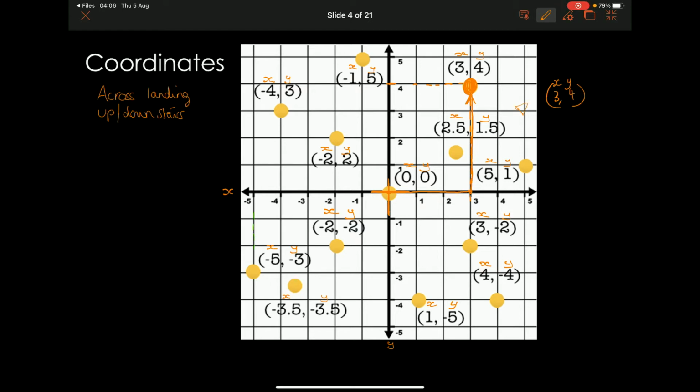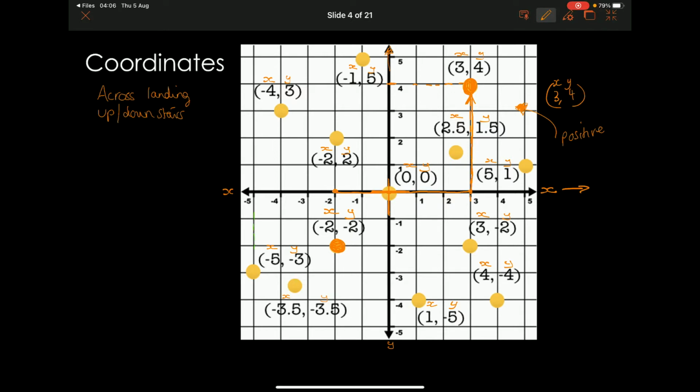You'll notice that everything in this quadrant is positive, because we only have positive x values and positive y values going up there. Okay, let's label this point down here. We're going to go across the landing.